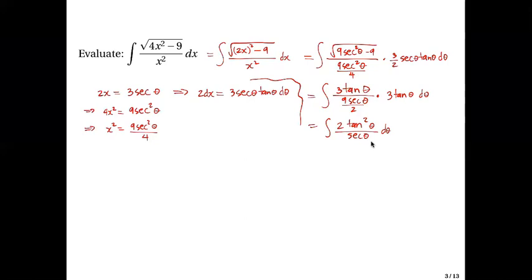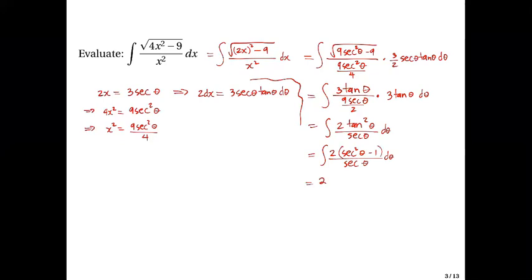And then from here, what we can do is convert this tangent squared theta in terms of secant. So this becomes the integral of 2 times secant squared theta minus 1, all over secant theta d theta. Let's simplify this.